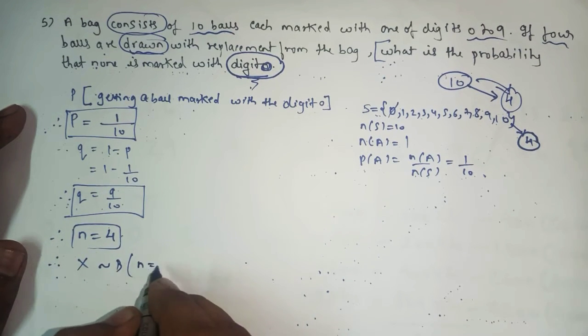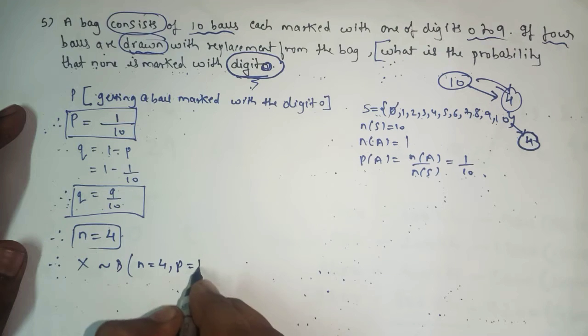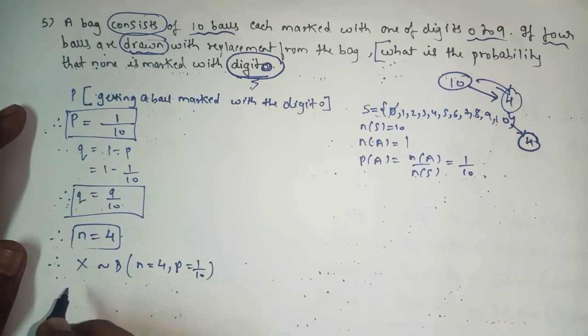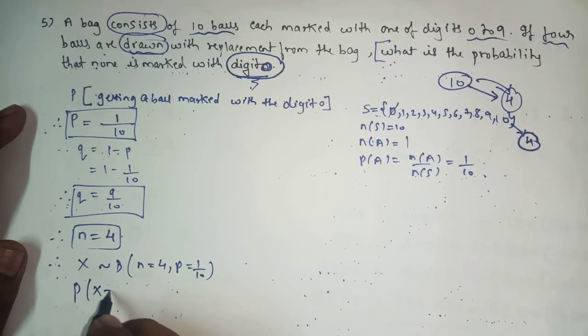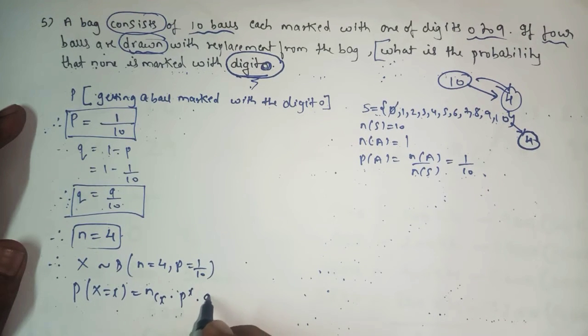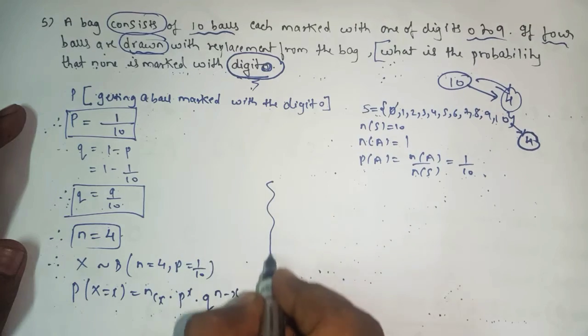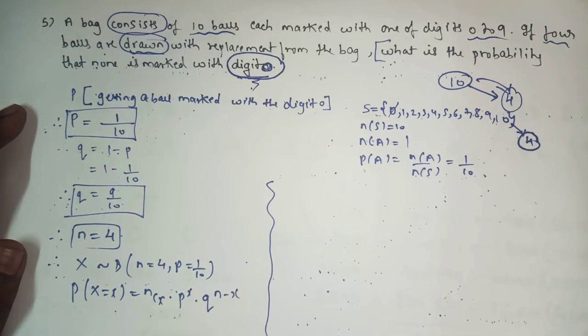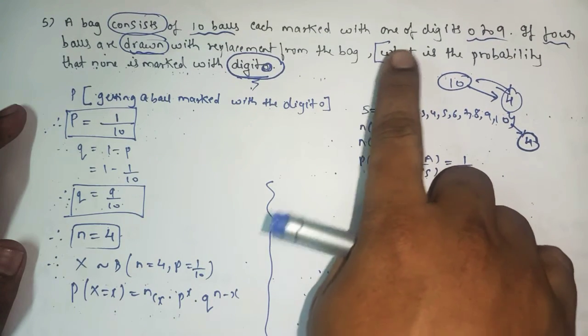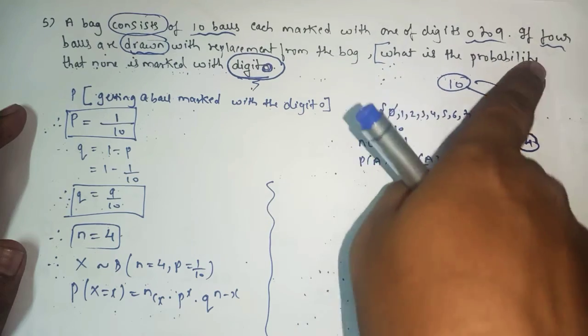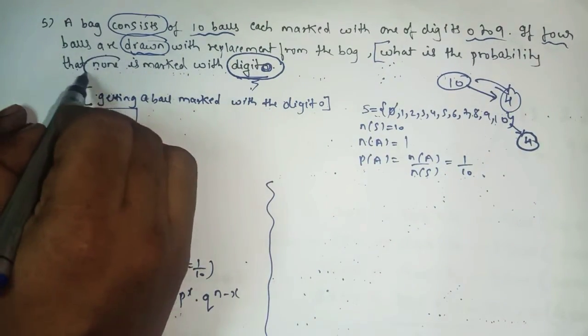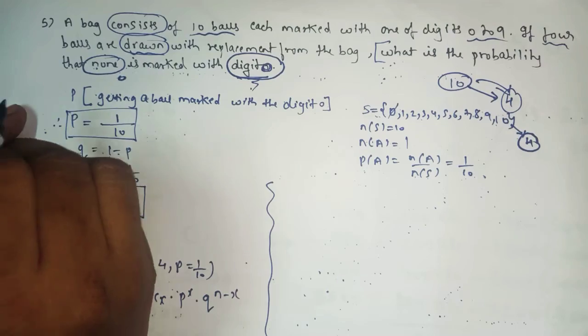follows binomial, n equals 4, p equals 1 by 10, yes or no? Then the formula: P of X equals x is nCx p raised to x into q raised to n minus x. Okay, so now we'll see what exactly you have to find. You have to find the probability that none is marked with digit 0.